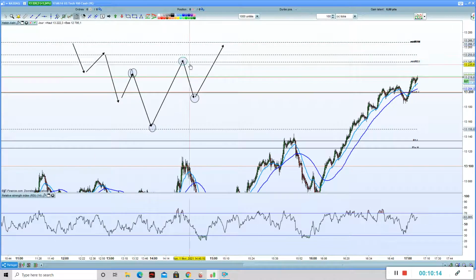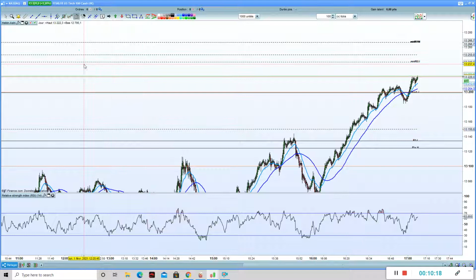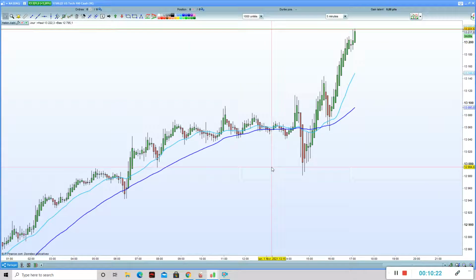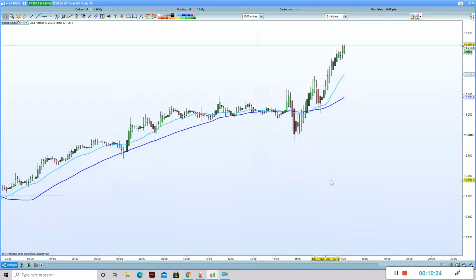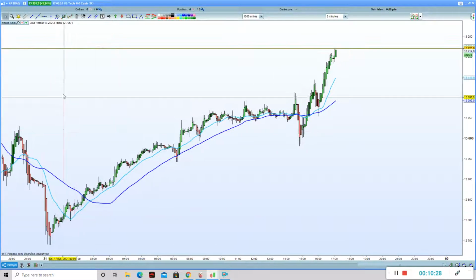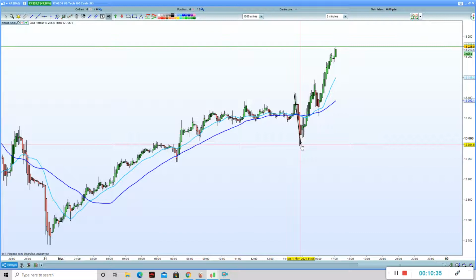And I have a really good example of this on my 5-minute chart, on this one. So basically we were going up since midnight, and then at some point they had not a sell-off, but a really strong downtrend.